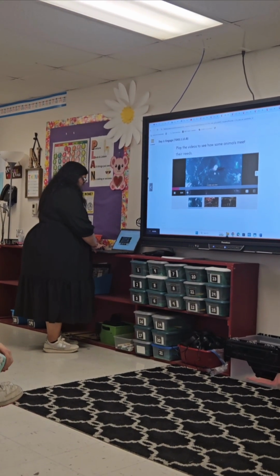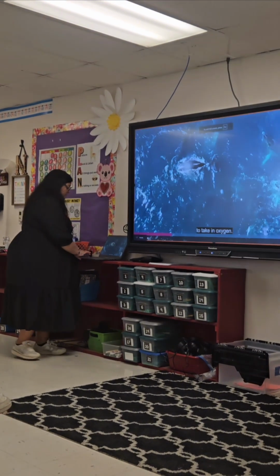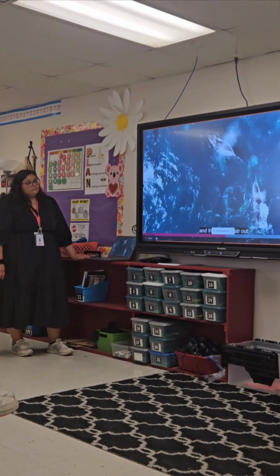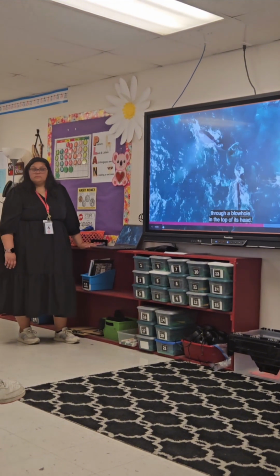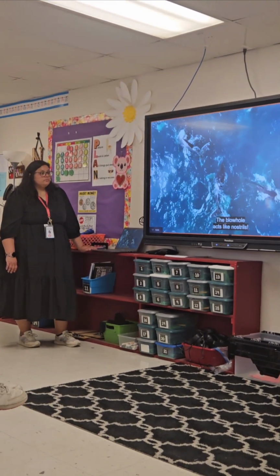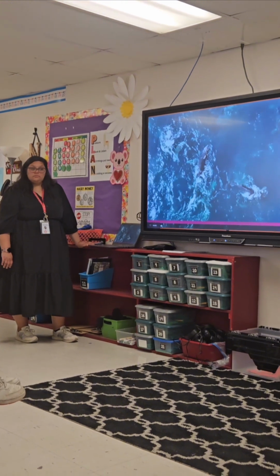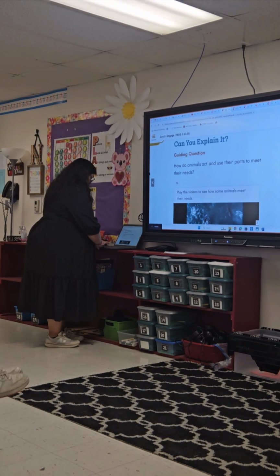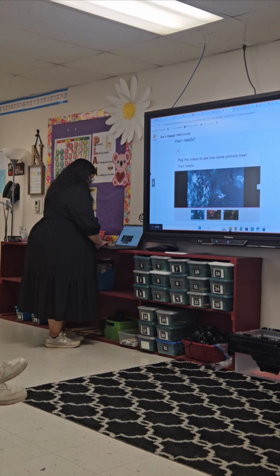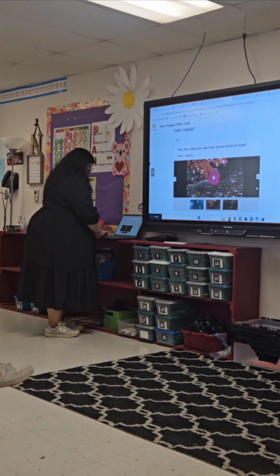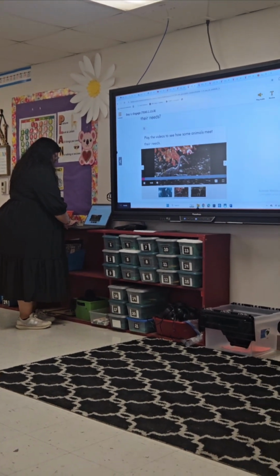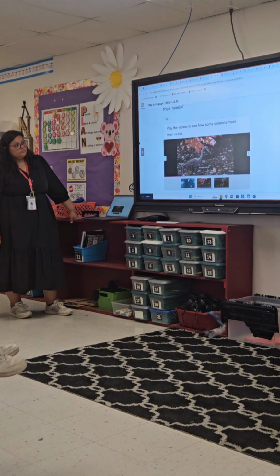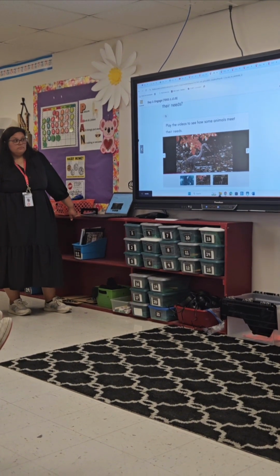A whale must come to the surface of the water to take in oxygen. It takes air in and then lets the air out through a blowhole in the top of its head. The blowhole acts like nostrils. Why is this crane staring at the water? It is being very still because it is about to catch a fish.